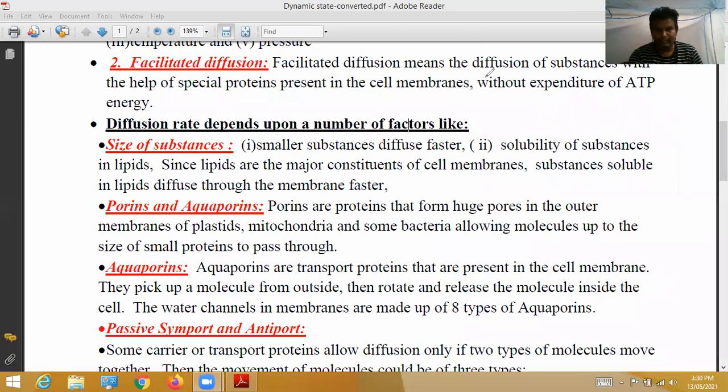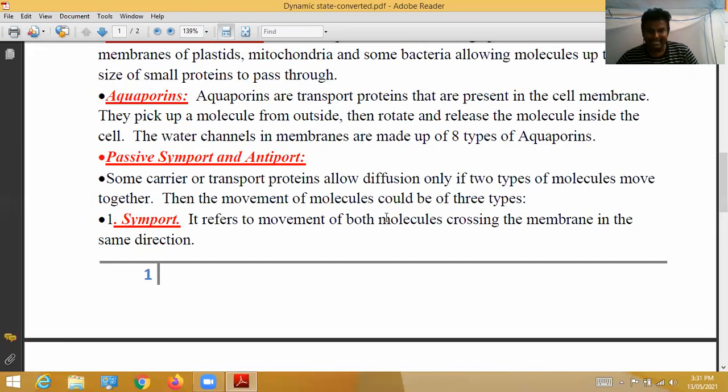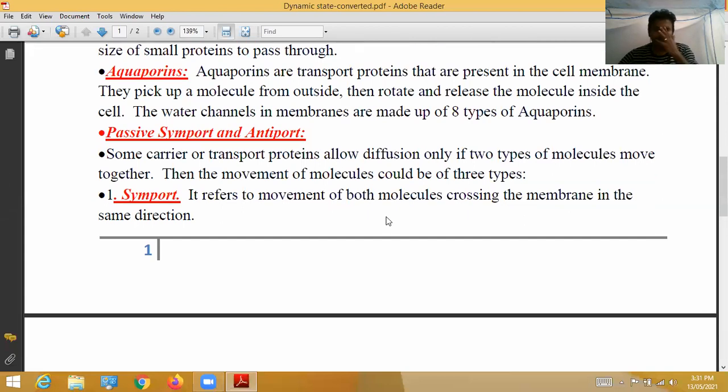That's all. Next transport system: passive symport and antiport, that is nothing but passive transport. Some carriers or transport proteins in the cell membrane allow diffusion only if 2 types of molecules move together.